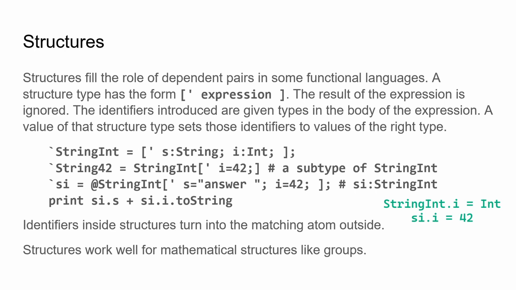And as we'll eventually see in later videos, these sorts of structures work well for mathematical structures like groups, where we have the operations and the laws relating to those operations all in one nice, neat place, referencing each other.